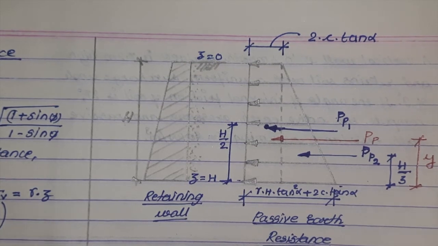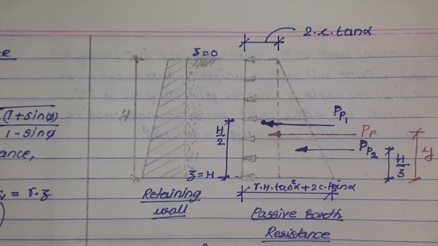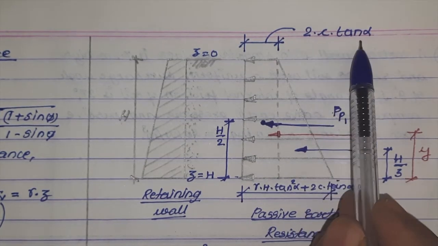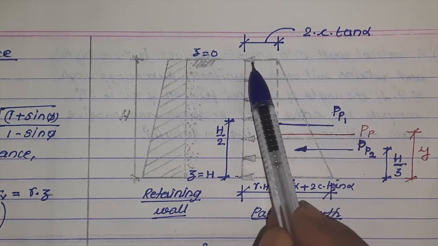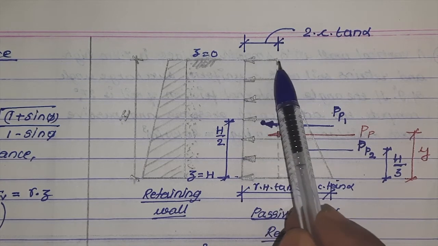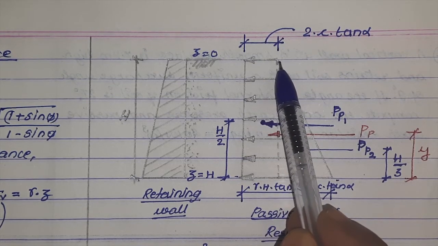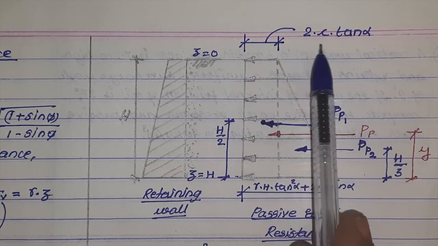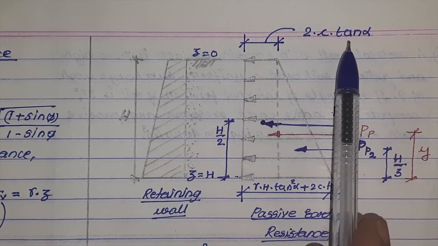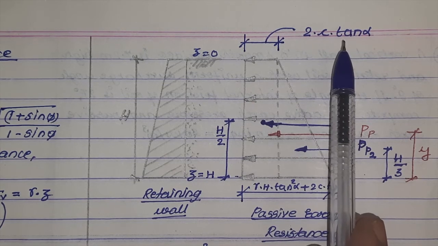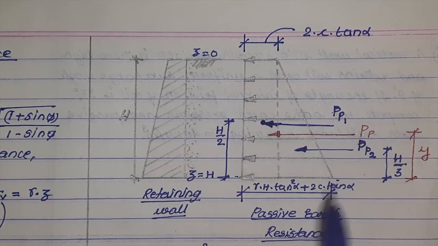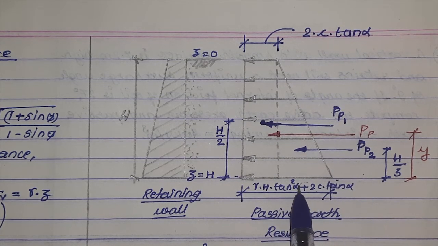Remember one point: in the case of active earth pressure for c-phi soil, we observed that the 2c tan alpha or 2c cot alpha component due to cohesion was reducing the value of active thrust. But in the passive resistance situation, this 2c tan alpha is going to add magnitude or additional pressure to this passive resistance, because this is a term which is going to be added.